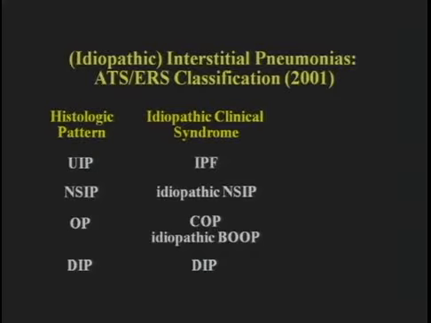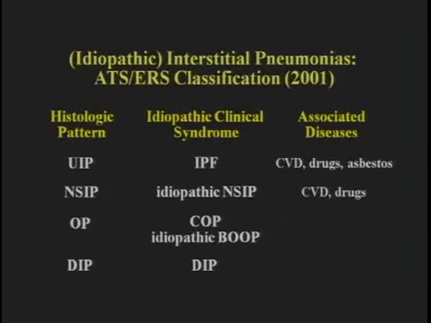Now, what this classification did not emphasize, but I'm going to emphasize now, is that each of these histologic patterns may be associated with a given disease or various types of diseases. UIP may be a result of collagen diseases, drugs. Asbestosis is basically a UIP pattern.